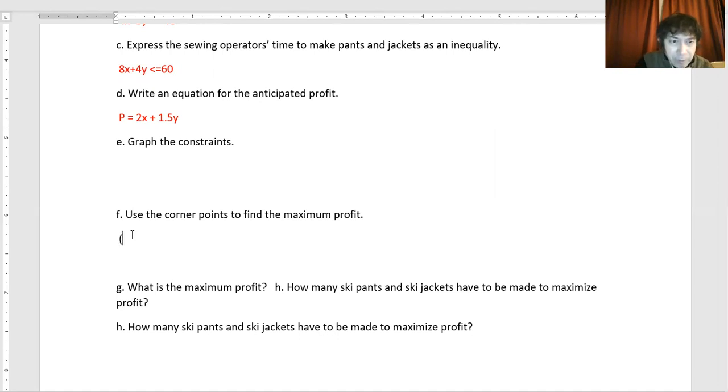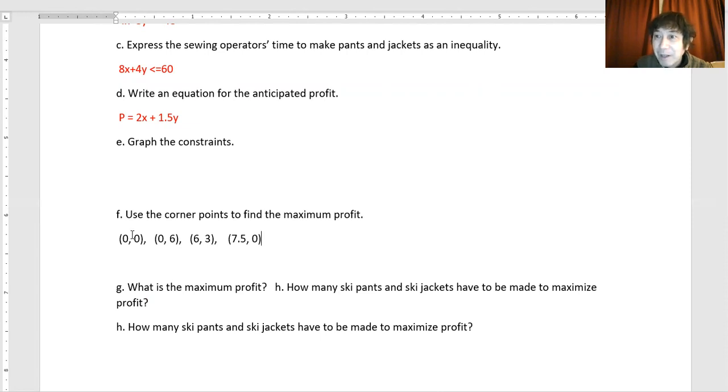Those corner points are 0, 0, and the other one is 0, 6, and then the third is 6, 3, and the fourth point is at 7.50. Obviously, we cannot have 7.5 pants. We have to round down.